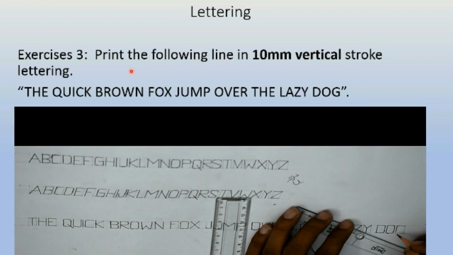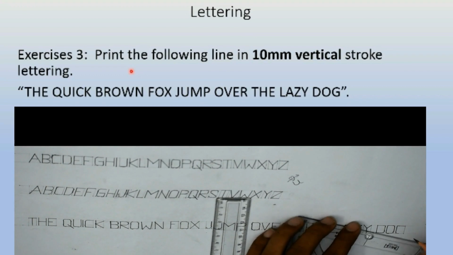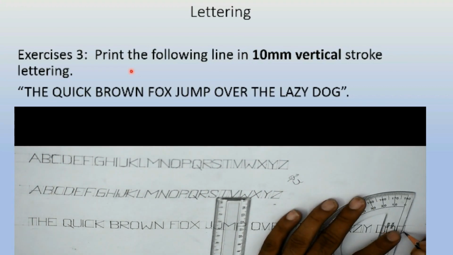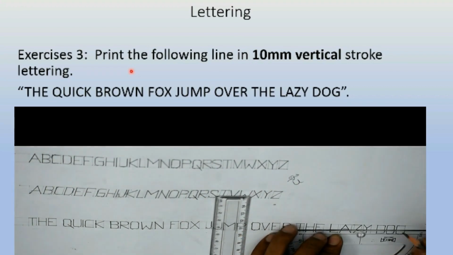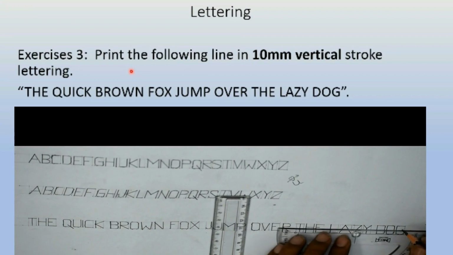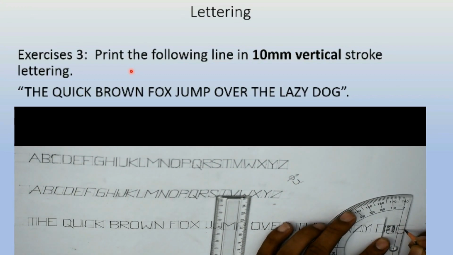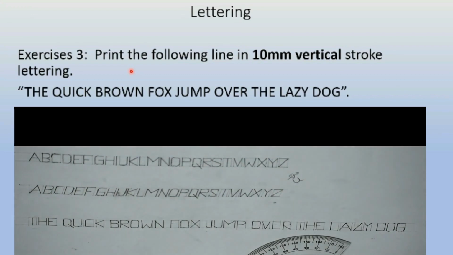So I'm writing the letter G here. So this completes our exercise. The quick brown fox jumps over the lazy dog.